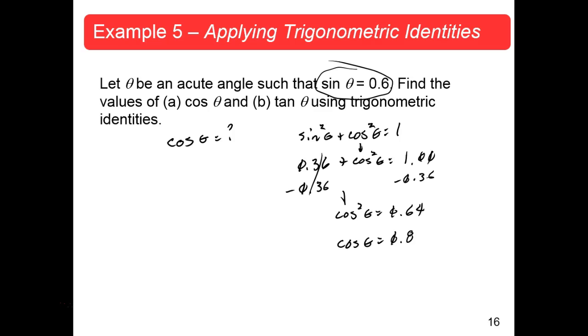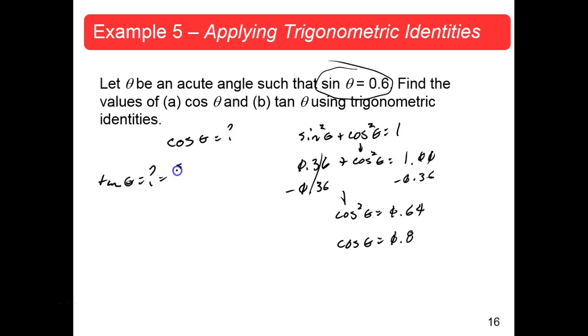Okay, the B part says what's tangent of theta. Now, do we know anything that relates tangent to either sine or cosine or both? You got it.